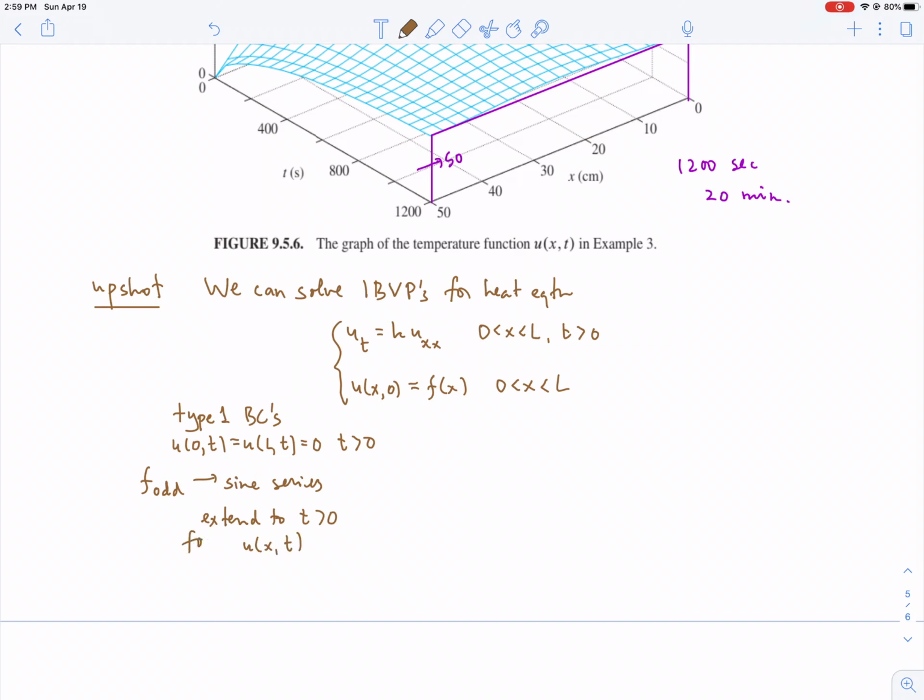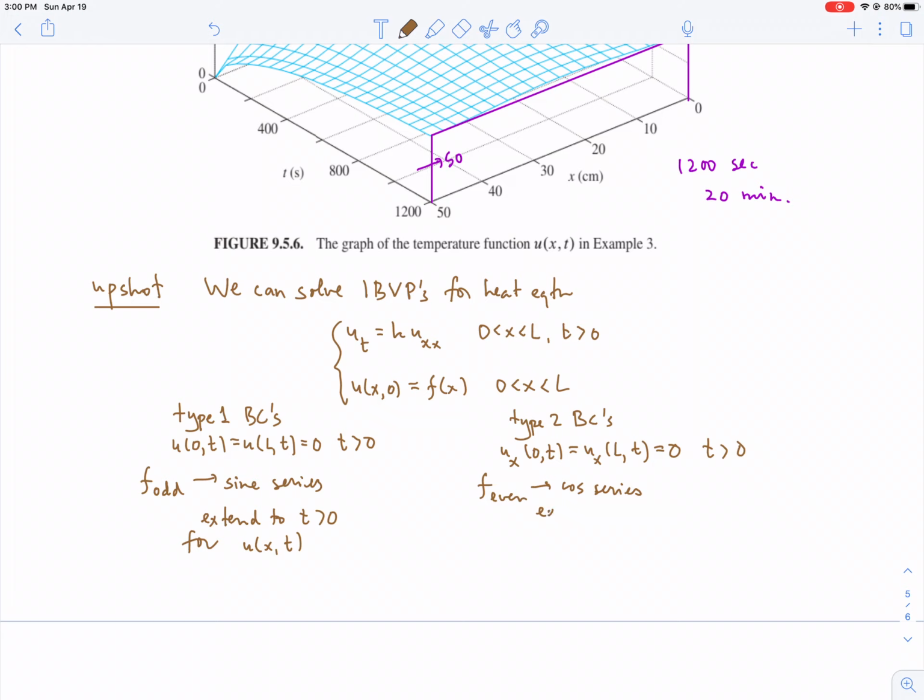For the type 2 boundary conditions, no flux through the end, so the u sub x at 0 and the u sub x at L is 0 for t positive. We do the even extension. That gives us a cosine series.